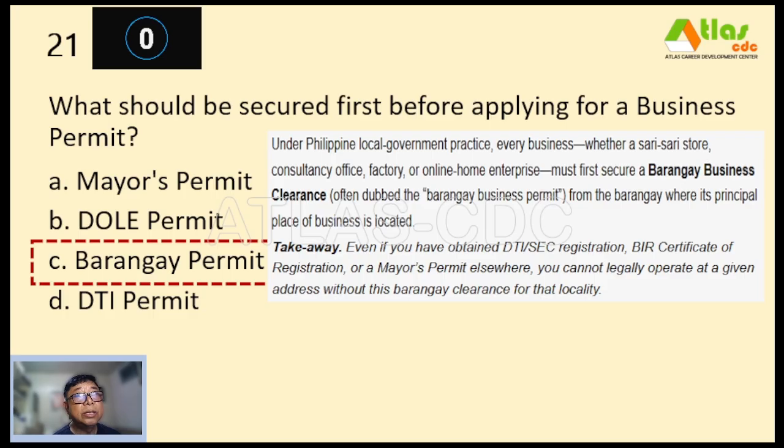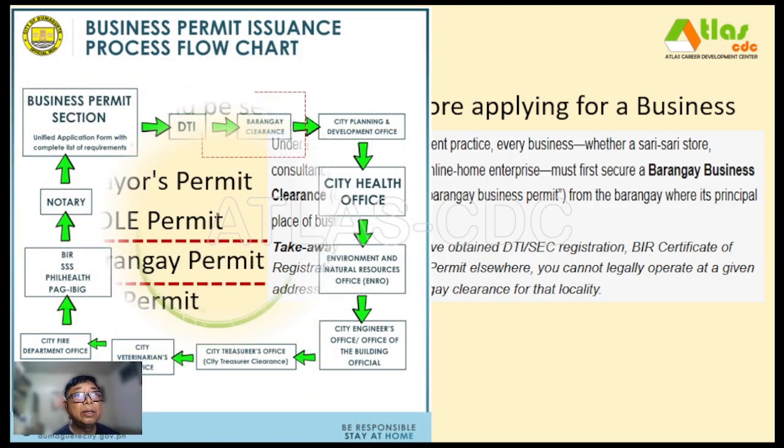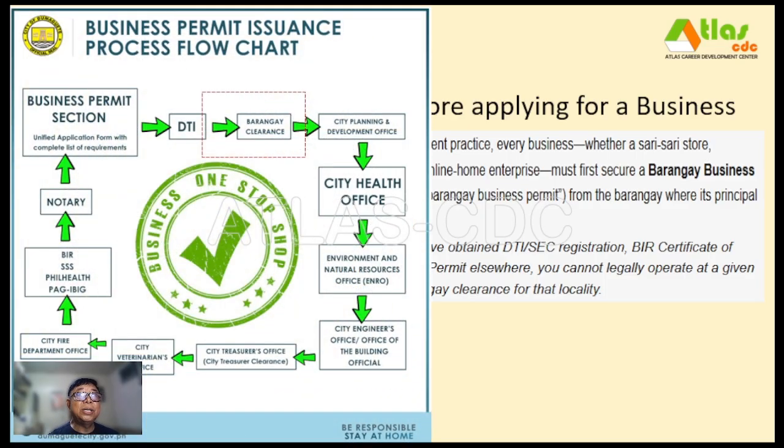So take away or note, even if you have obtained the DTI or SEC registration, BIR certificate of registration, or a mayor's permit elsewhere, you cannot legally operate at a given address without this barangay clearance for that locality. So this is the process for business permit issuance. First is from DTI or SEC, and then seek a permit from the barangay or barangay clearance.